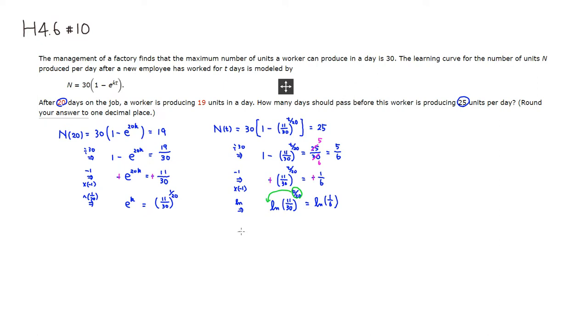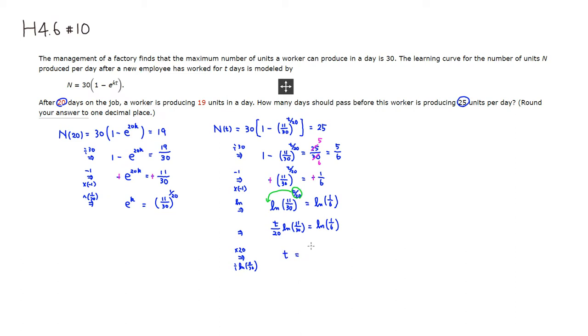So we get t over 20 times the natural log of 11 over 30 is equal to the natural log of 1 over 6. Then we can isolate t by first multiplying both sides by 20 and dividing through by the natural log of 11 over 30. That way you're going to have t by itself.